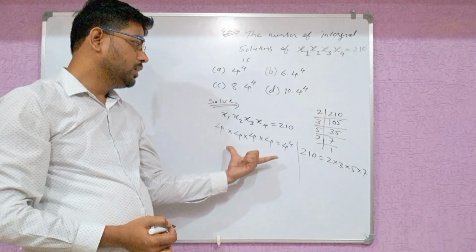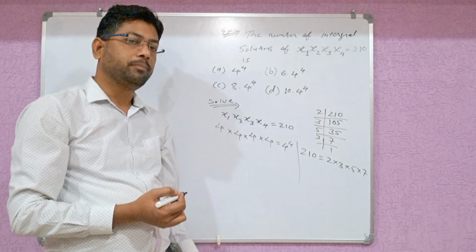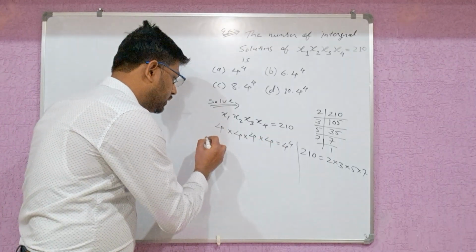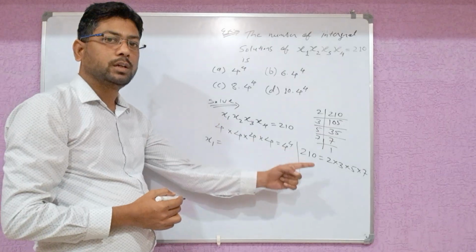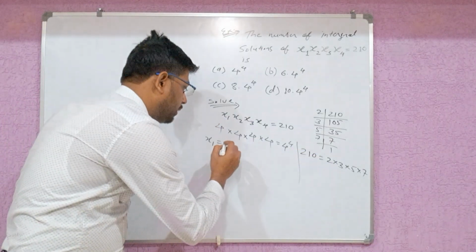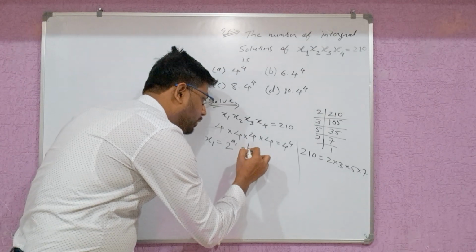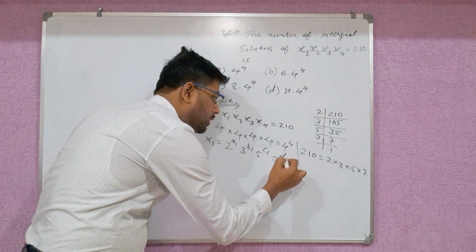Okay. Now to find this, we can use another method also. For that method, we'll assume this x1 as, in x1 there can be factors of 2, 3, 5 and 7. So I'm taking this as 2 raised to power a1 into 3 raised to power b1 into 5 raised to power c1 into 7 raised to power d1.